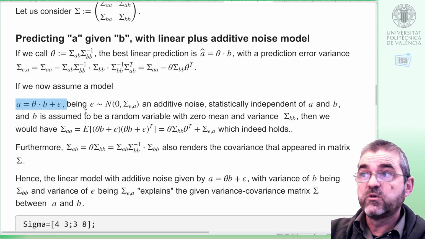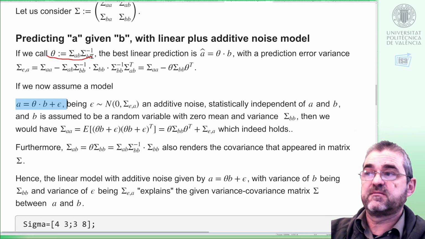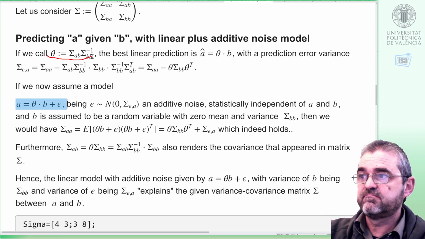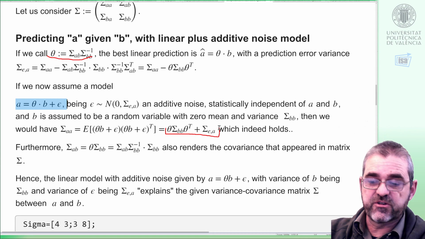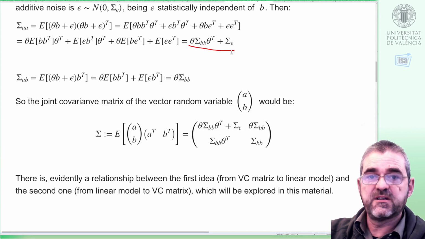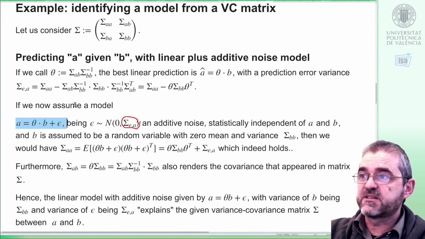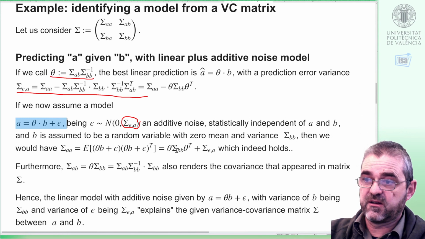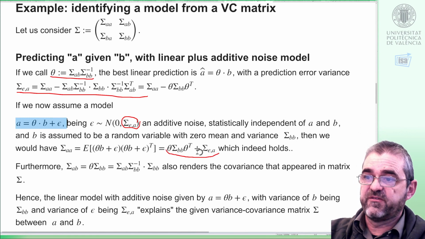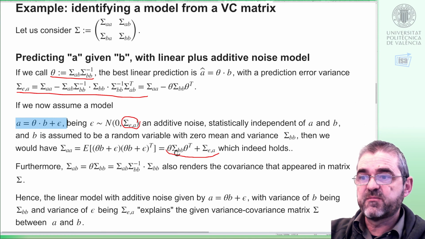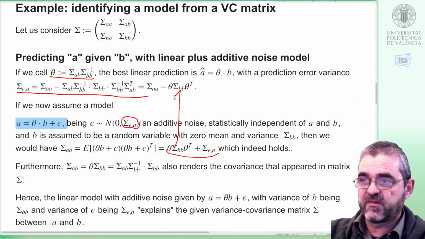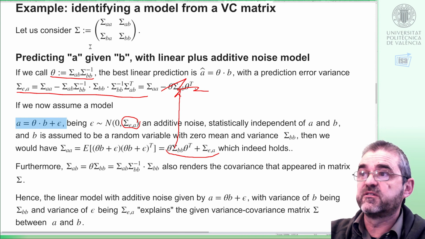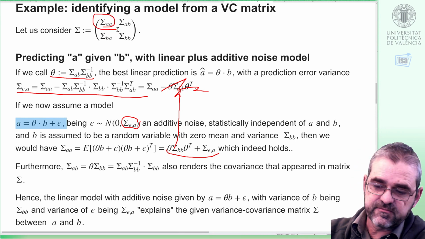So this model, when I replace this theta exactly, and I carry out the operations we discussed here, when I replace this variance and this theta, then carrying out these operations, if I sum theta sigma bb theta transposed, this will cancel out this, and in fact, yes, A will recover the original variance.